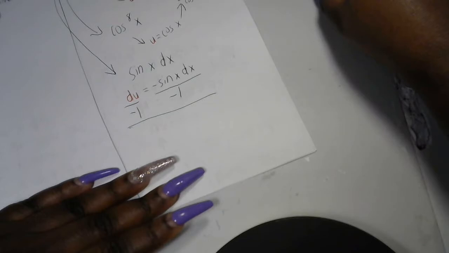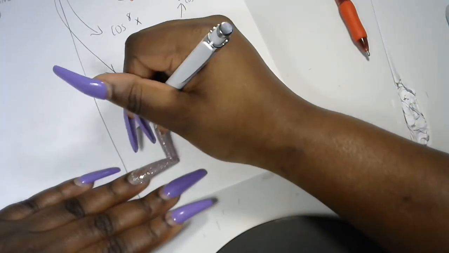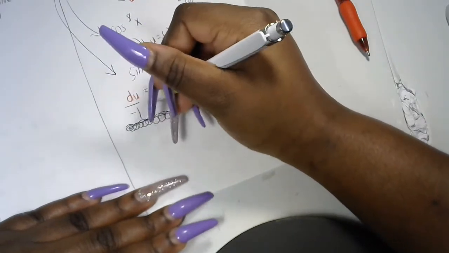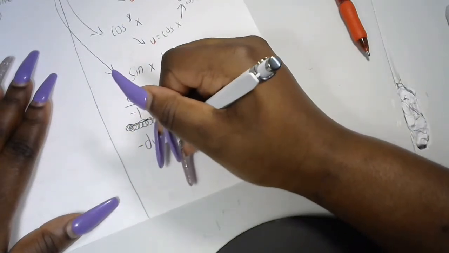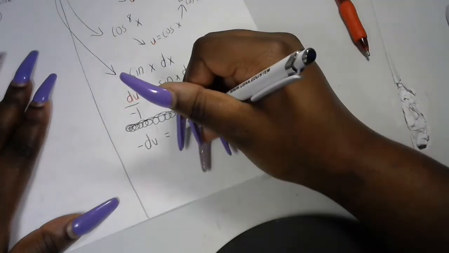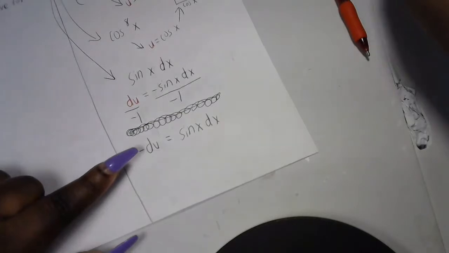This isn't really a fraction, I don't want people to think it's a fraction. Du divided by negative 1 is just negative du, and the negatives cancel out, so we just get sine x dx. So here we have negative du is equal to sine x dx.